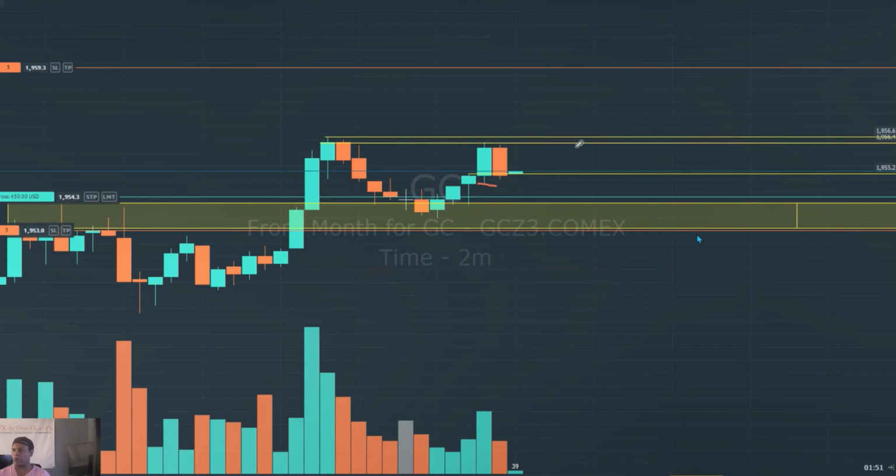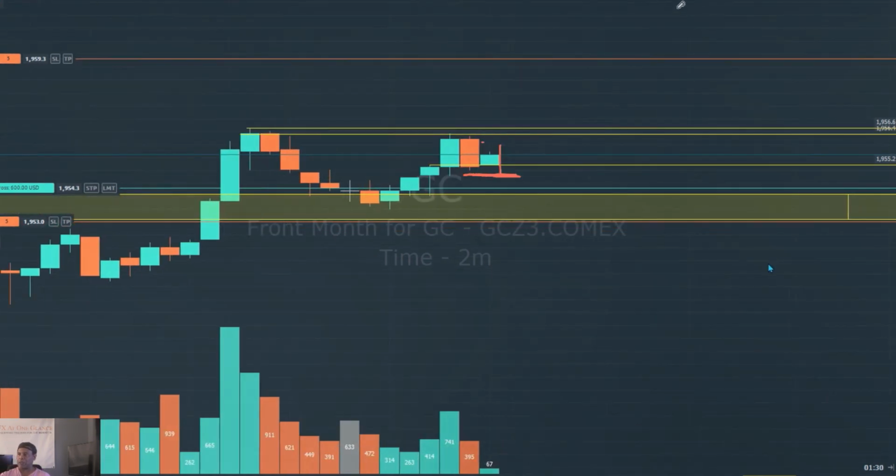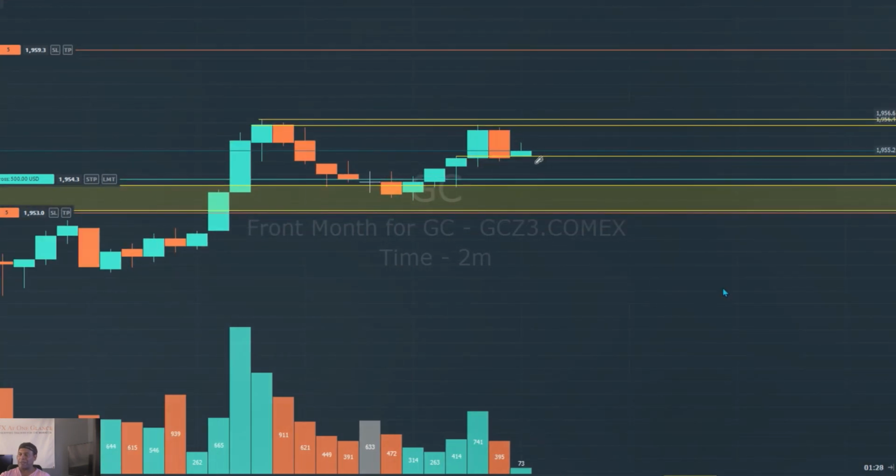But what I had marked, guys, previously I marked when the market got up to this level here, I marked this right here, because when this candle started, there was a gap here. This was an imbalance, and the market came back to cover that imbalance. So that's why I wasn't real scared or worried, because I felt the market was coming back to fill that imbalance and then move higher.